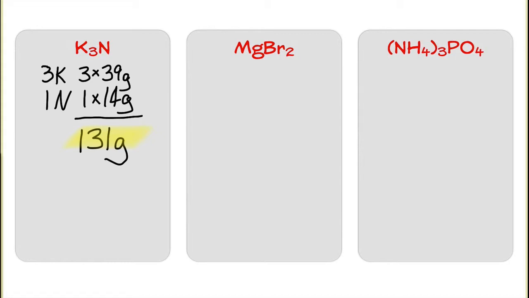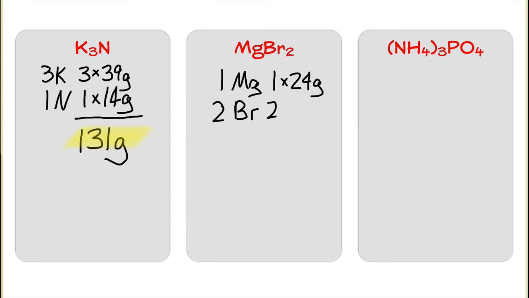So that's pretty easy. Well, here's another one, not too much more difficult. This is magnesium bromide, and we've got 1 magnesium, and we've got 2 bromines. And the atomic mass of magnesium is 24 grams.